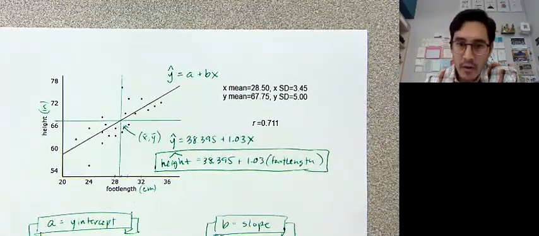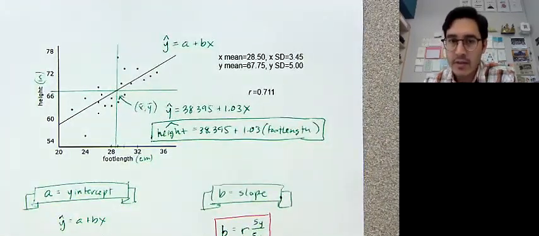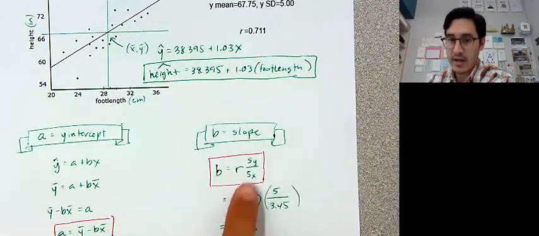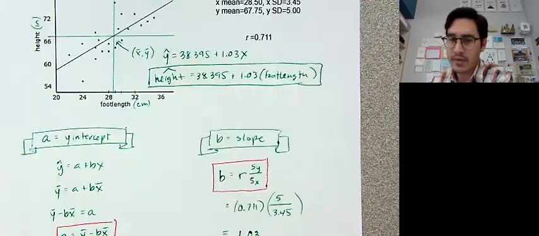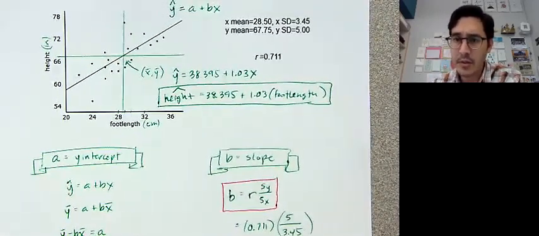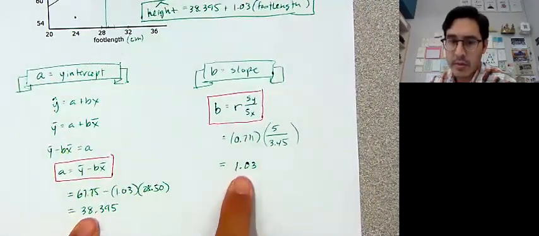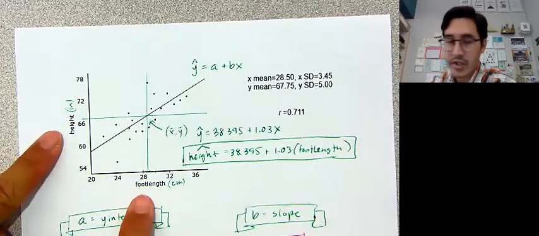All right, so one of our objectives was to calculate the coefficients of the regression model. Okay, so we did that here and here. Another one of our objectives is to interpret what these numbers mean, right? So what do these two numbers tell us about the relationship between foot length and height?